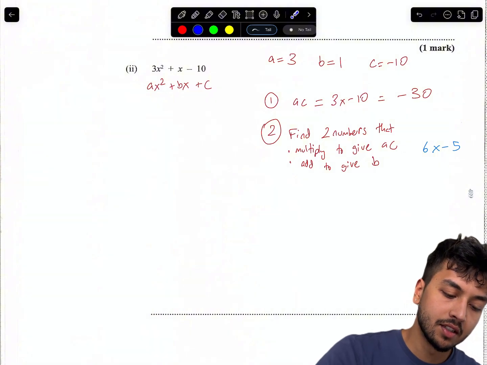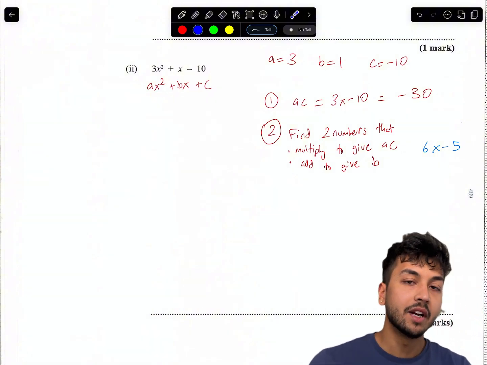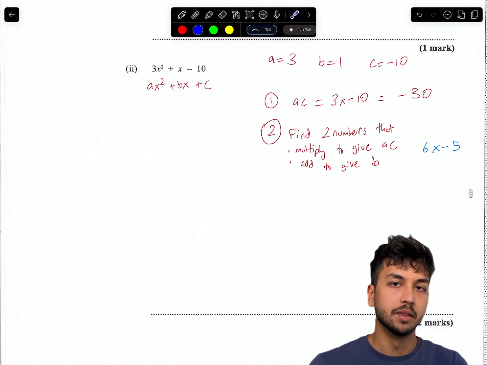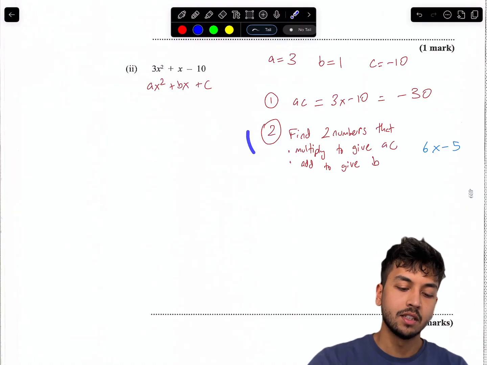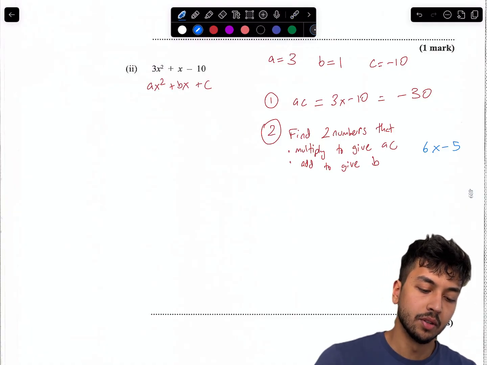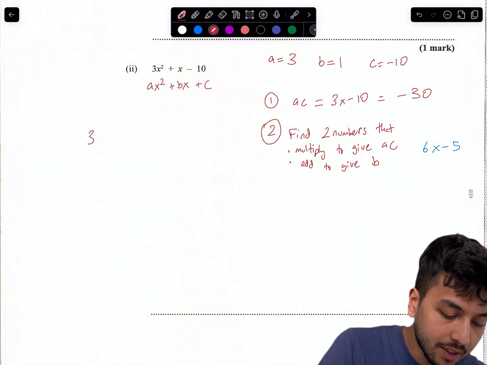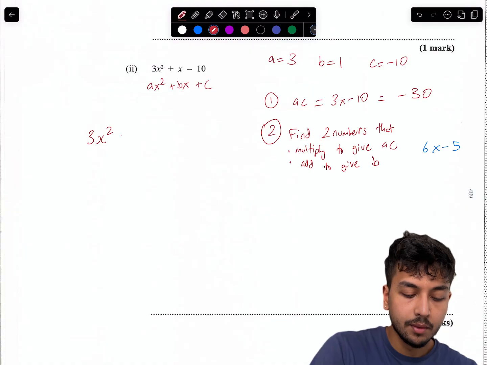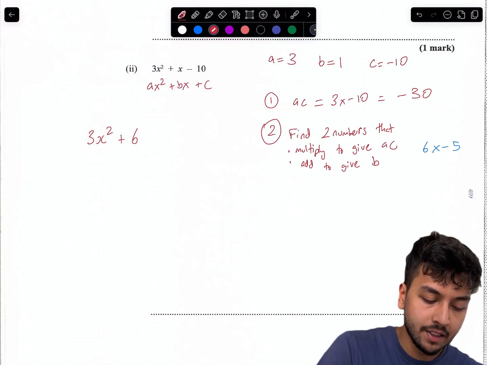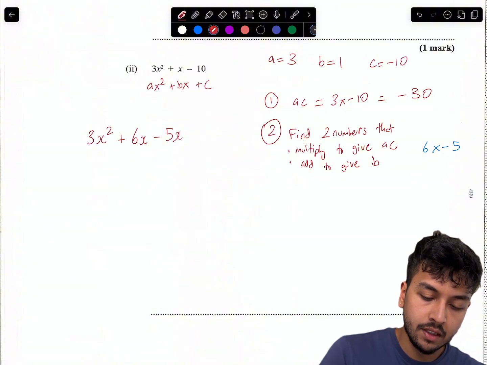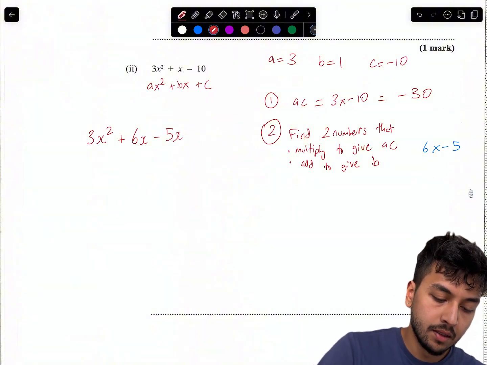Now that we know the two numbers that satisfy these steps, we're going to rewrite it. So let's write it back. We'll now get 3x squared plus 6x minus 5x minus 10.